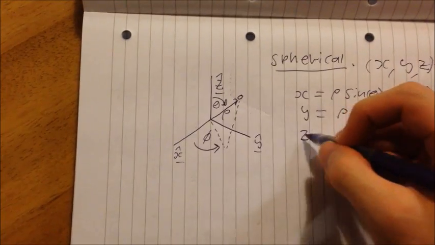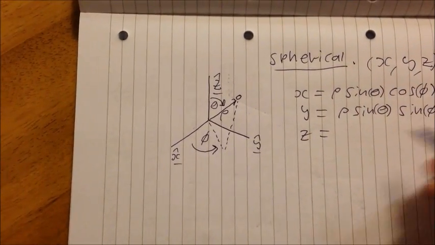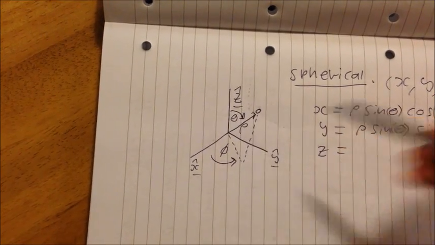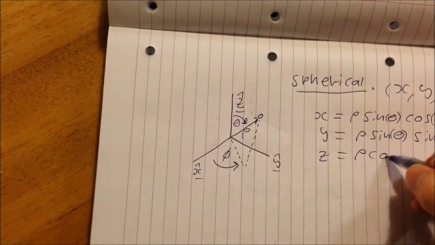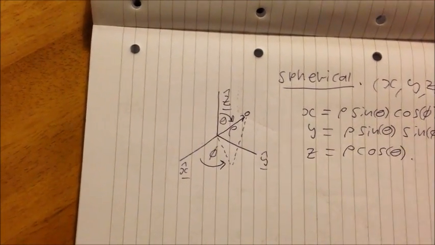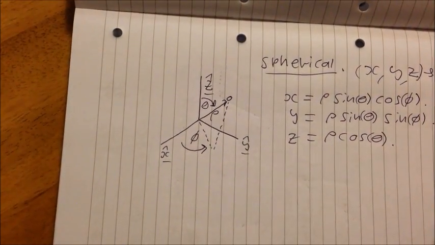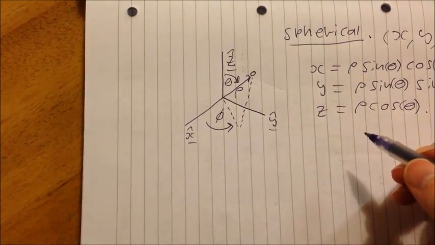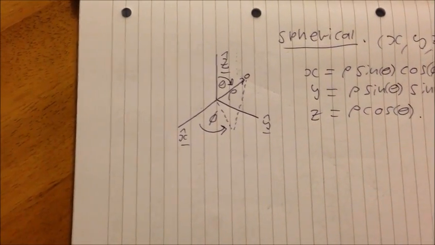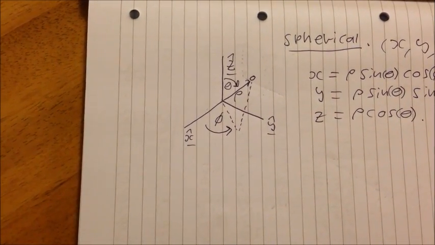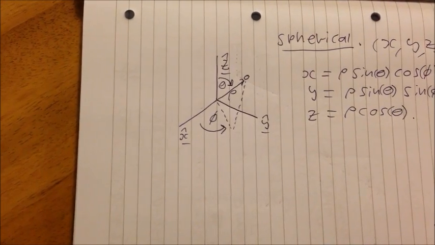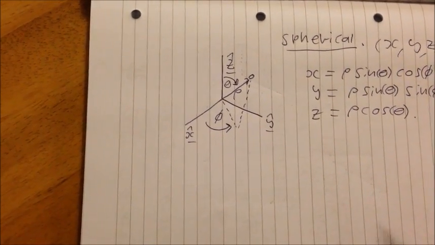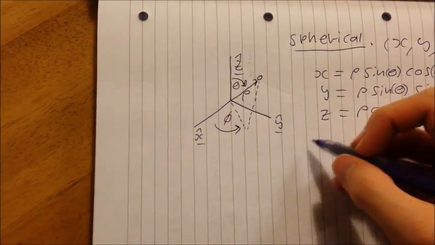And z would be rho cos theta. Okay, they are correct. And now we need the equations to go from Cartesian to spherical. Did I say cylindrical earlier? I meant spherical. Okay.